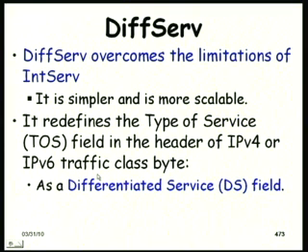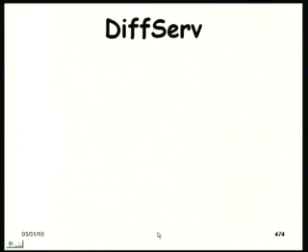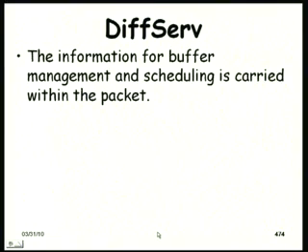In the type of service, it will have a differentiated service field, and the first 6 bits in that, as proposed by the IETF, are called the DS code point, and there some information will be stored on the packets.